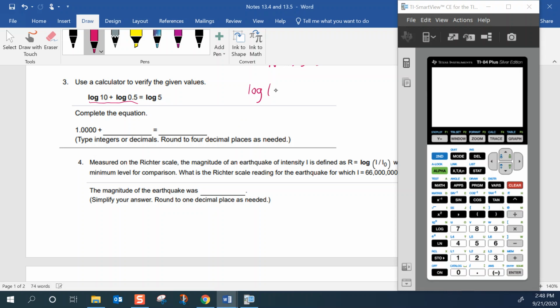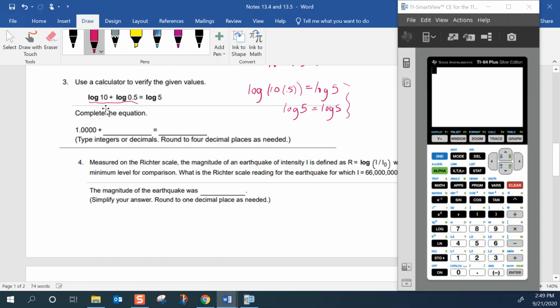When you add, that can be the log of 10 times 0.5, which equals the log of 5. So we're going to verify the addition rule, or the multiplication rule. That's using the properties. What we want to do here is use the calculator to show that it's true.